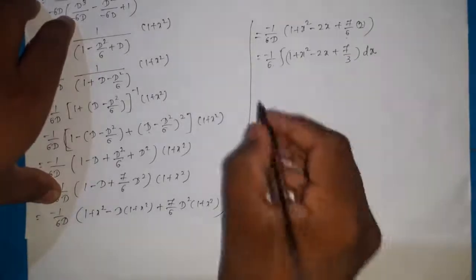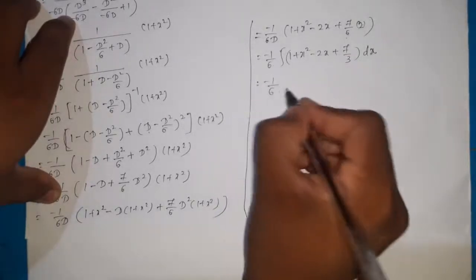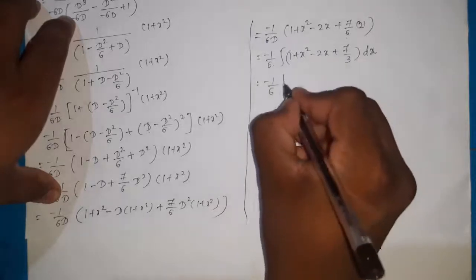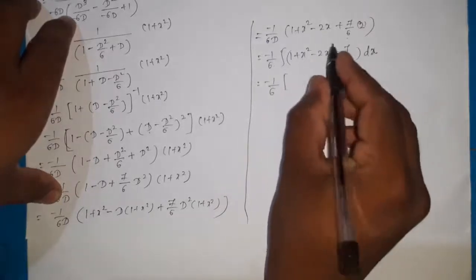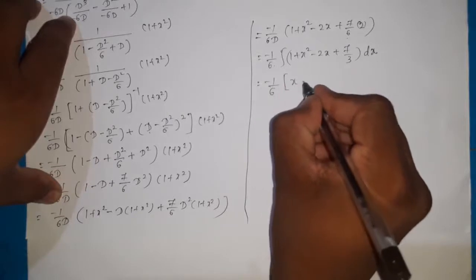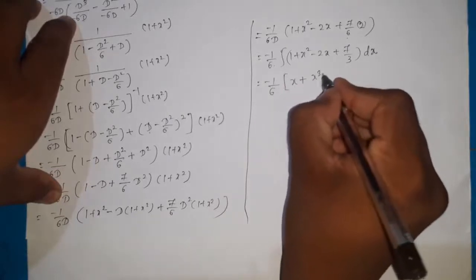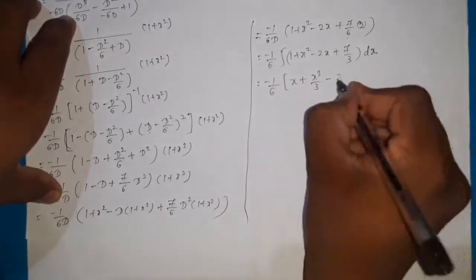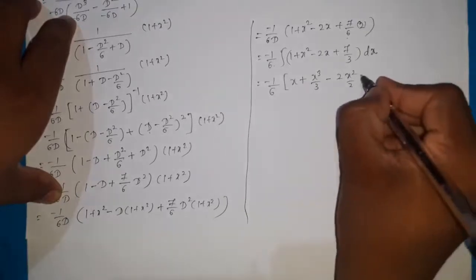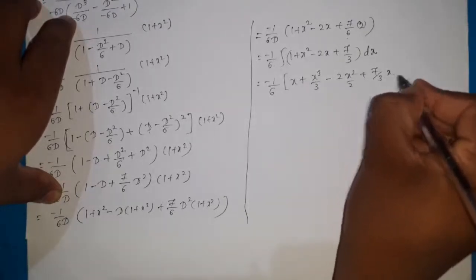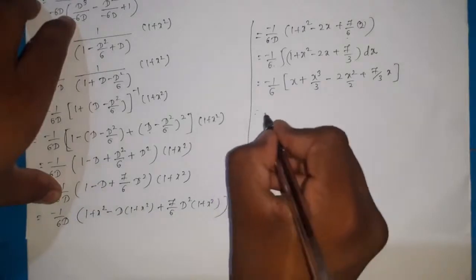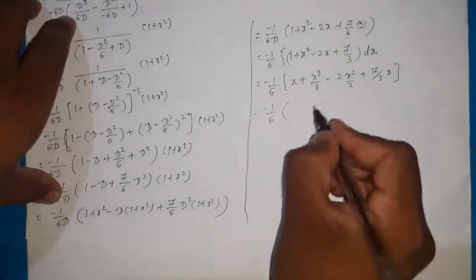Then it is equal to minus 1 by 6. So here the integration of this function: integration of 1 is x, plus x cube by 3, minus 2x square by 2, plus 7 by 3 x, which is equal to minus 1 by 6.